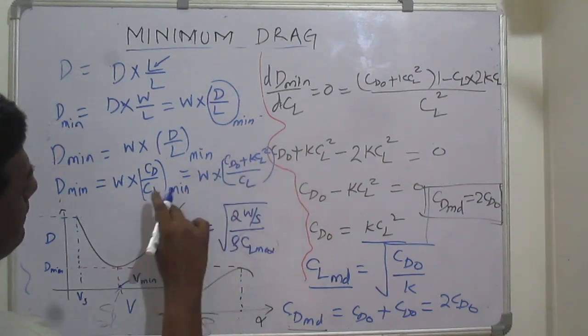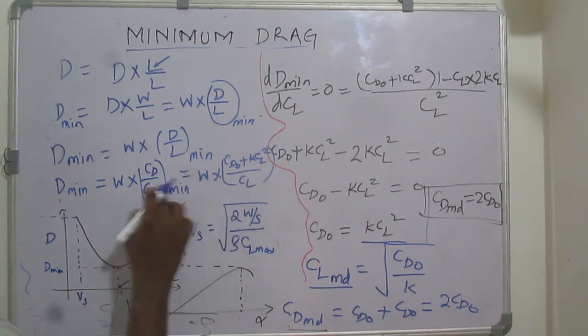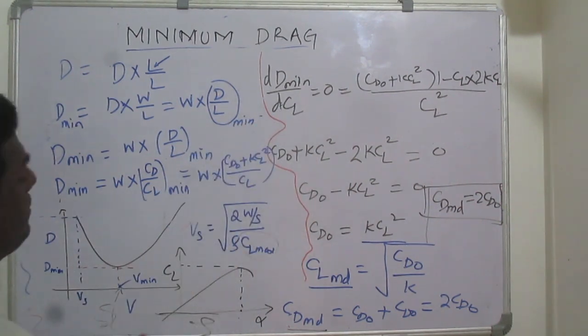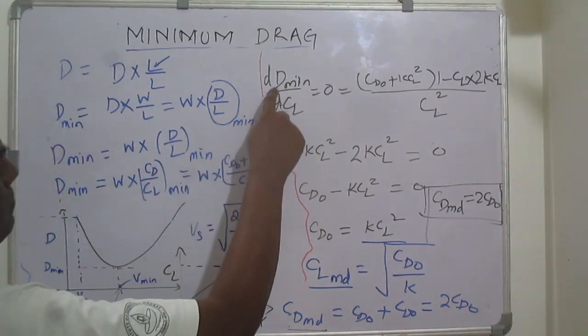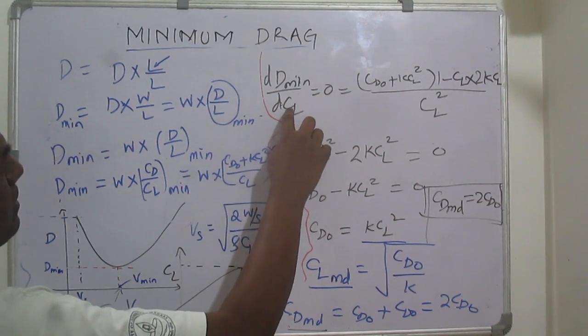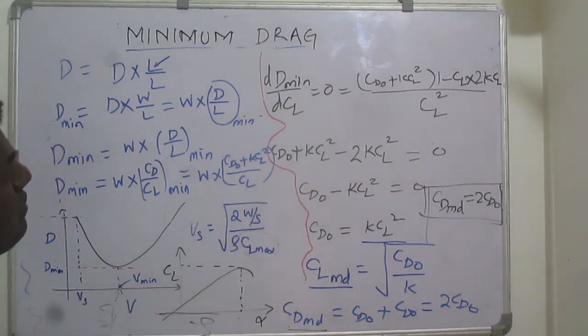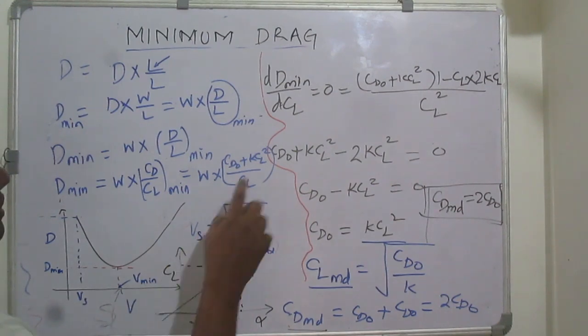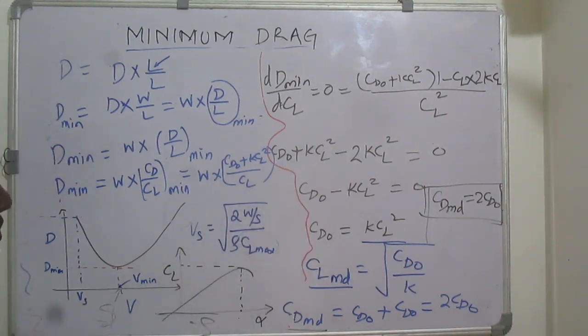For obtaining the drag minimum, now we have to differentiate. So for drag minimum, the differentiation of drag with respect to CL equal to 0. Then differentiating that using the U by V formula, we obtain CL.